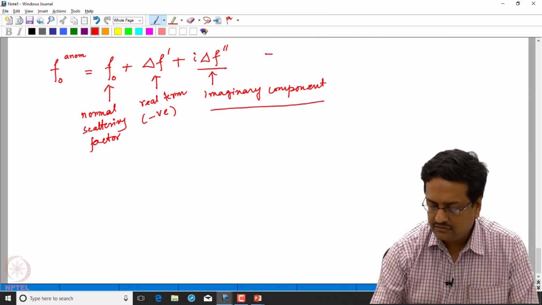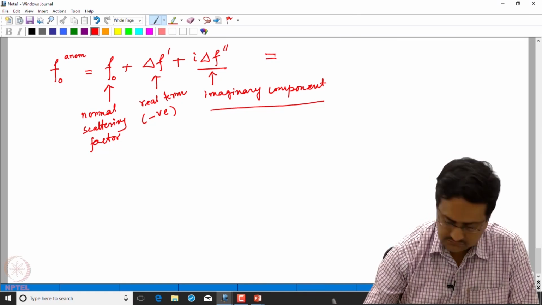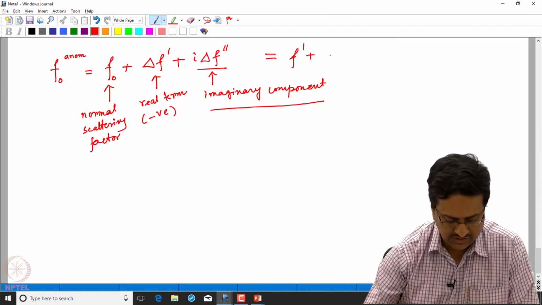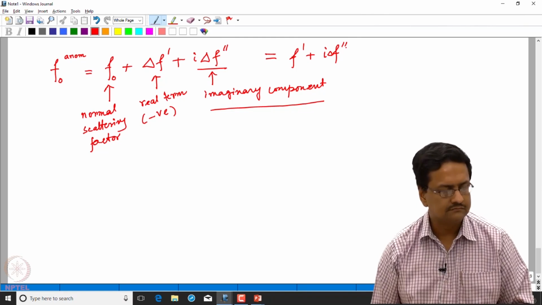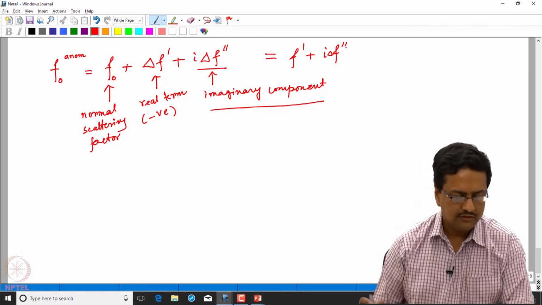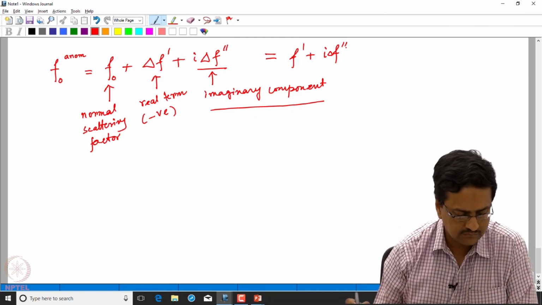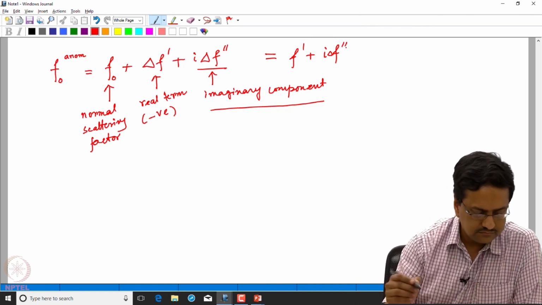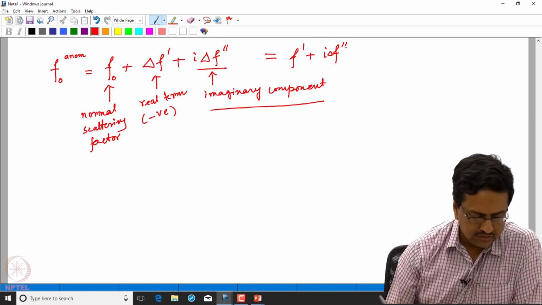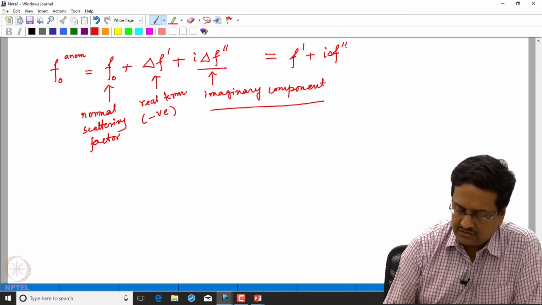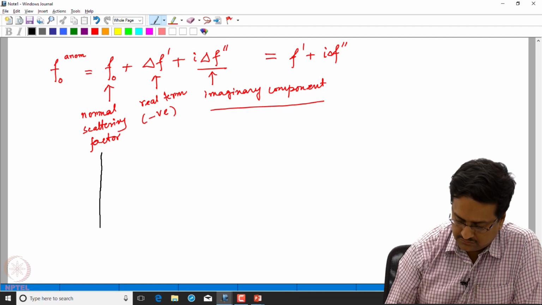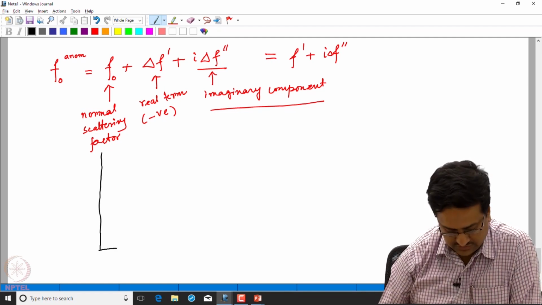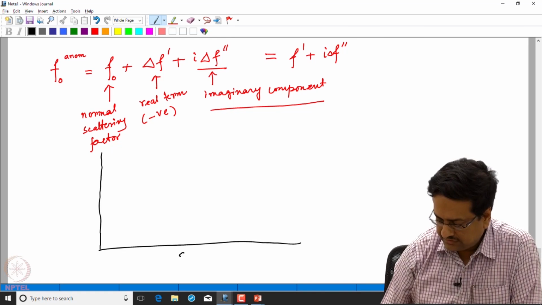So one can write this as F prime plus i delta F double prime. So what happens when we try to plot the scattering factor with sin theta by lambda?